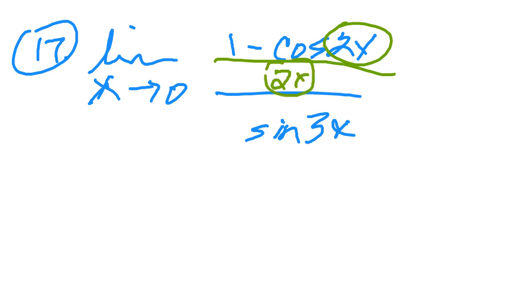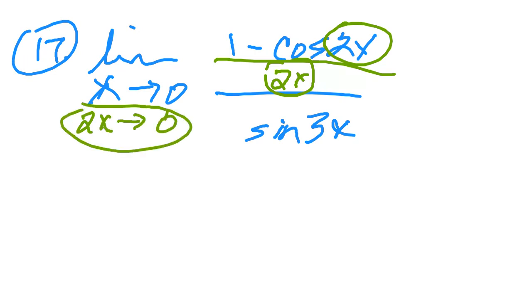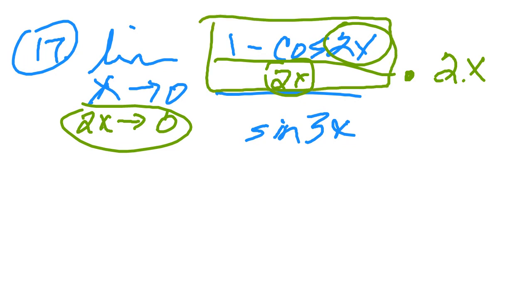As x goes to 0, 2x goes to 0 as well. If I am dividing by 2x, I also have to multiply by 2x. Now I have something that looks like my theorem on the top. And on the bottom, let me use red here.